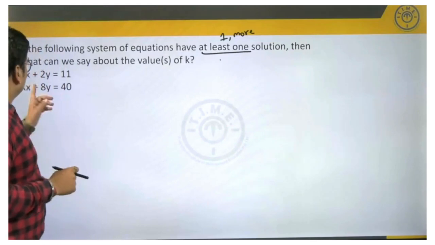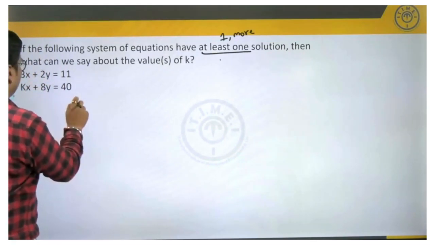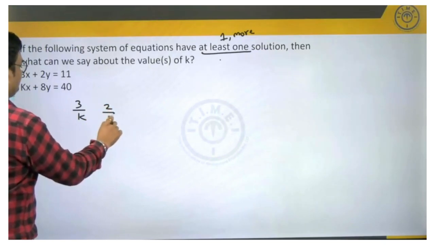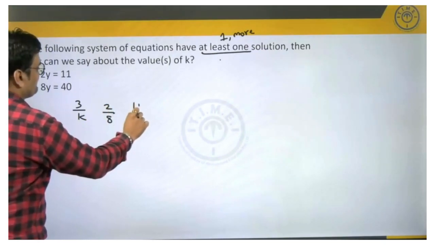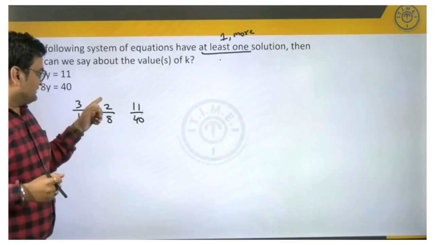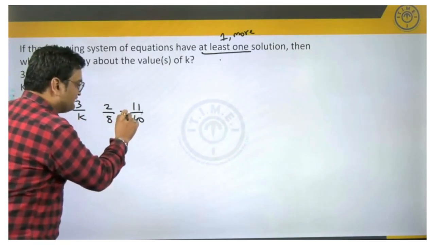Then what can we say about the values of k? Let's look at it. So if you look at the ratio, firstly A1 by A2, B1 by B2, C1 by C2. So one thing that we can clearly notice here is B1 by B2 is not equal to C1 by C2.